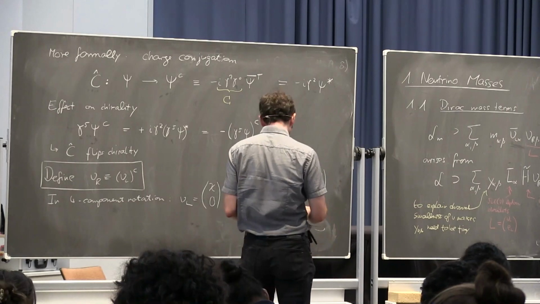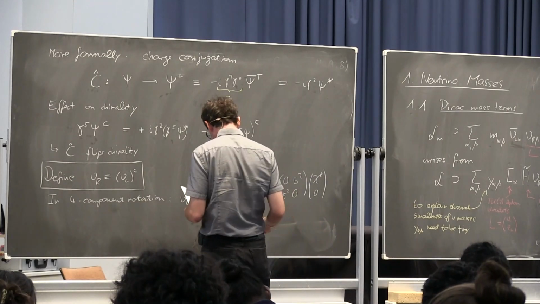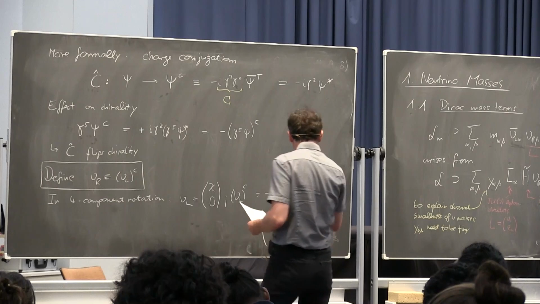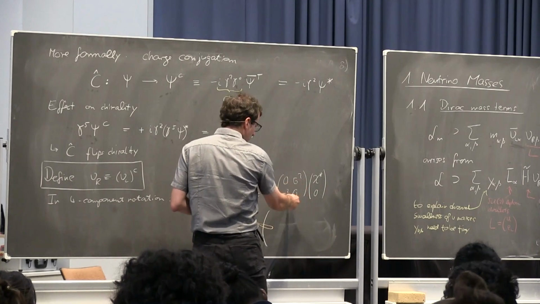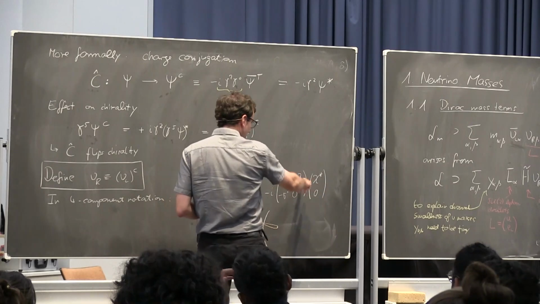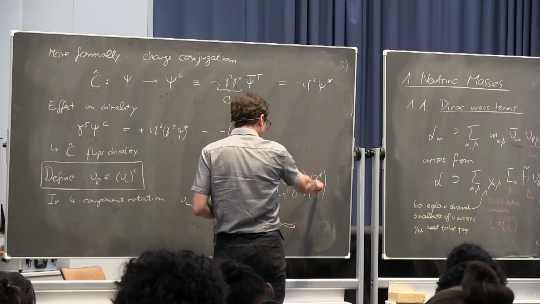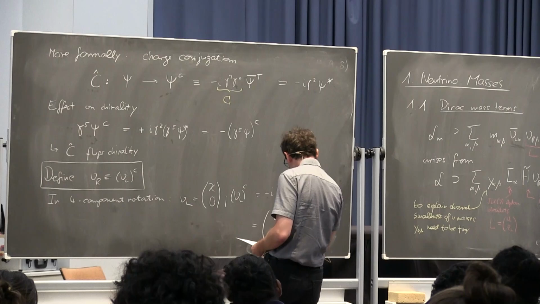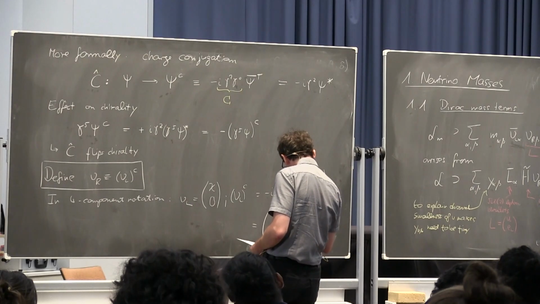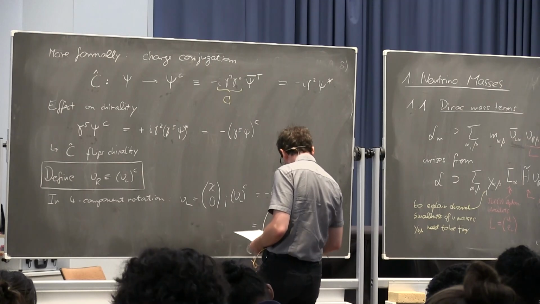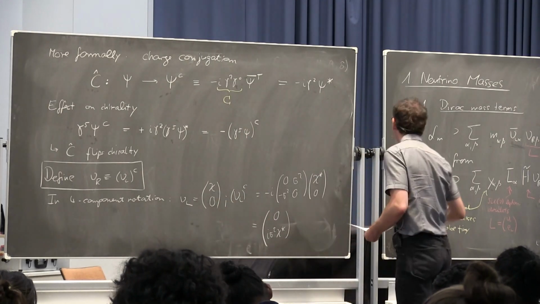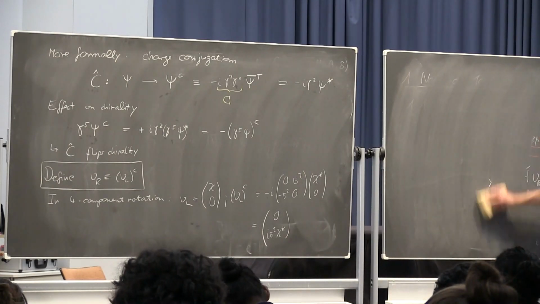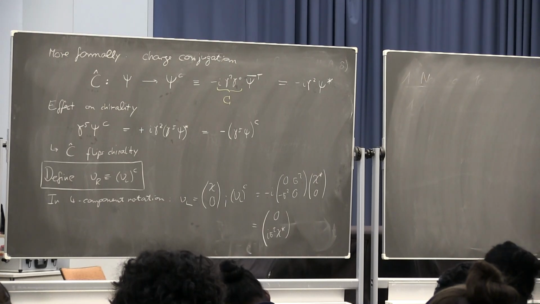Because the matrix here is block off-diagonal, it flips the upper and lower components, and it multiplies chi star by i times sigma 2. So we end up with a spinor that has 0 in the upper components and i sigma 2 chi star in the lower components. A spinor that has only non-zero entries in the lower two components is a right-handed spinor, so that all fits together.